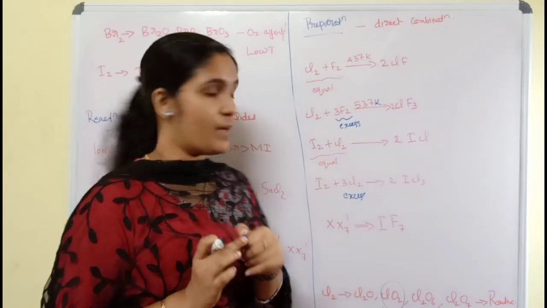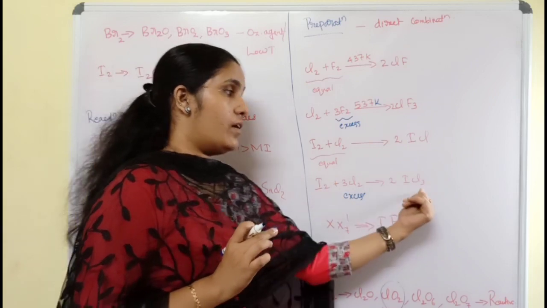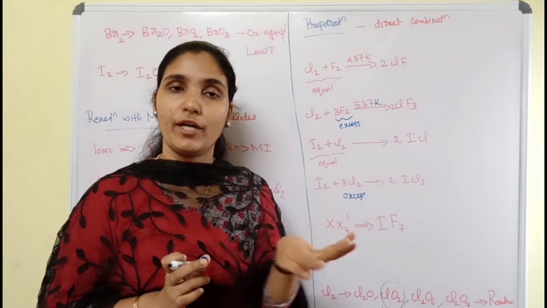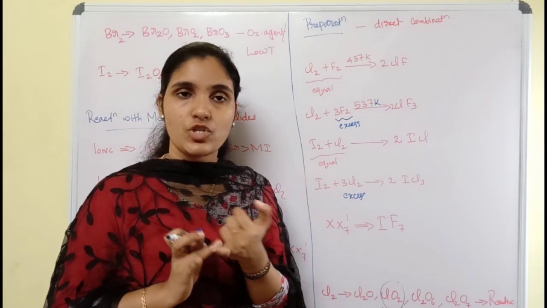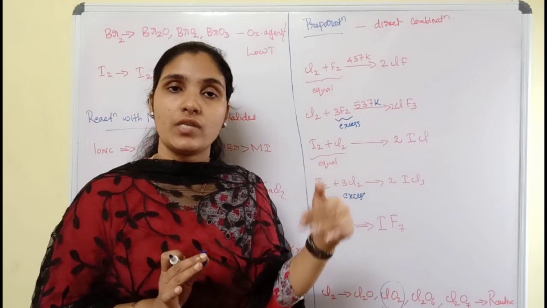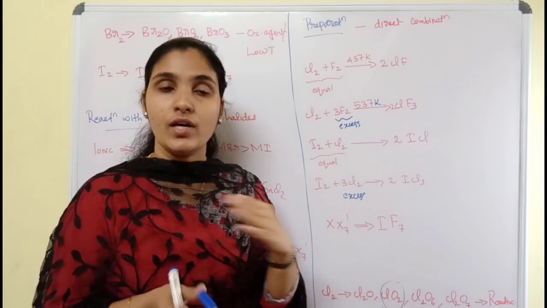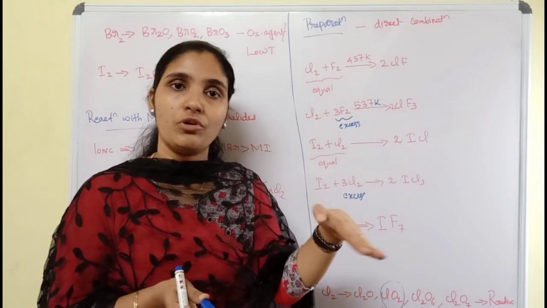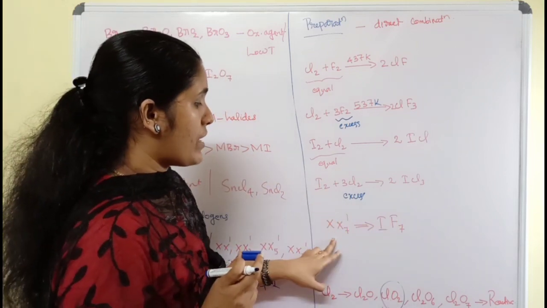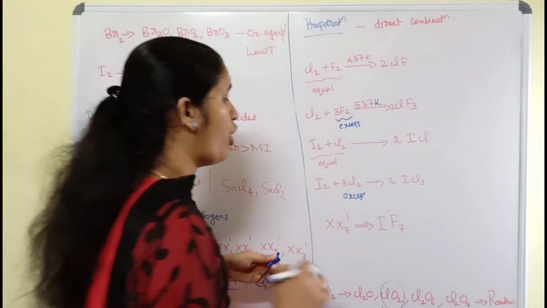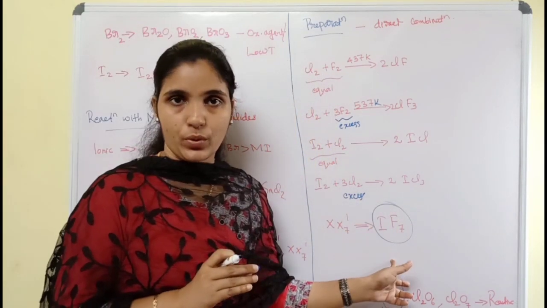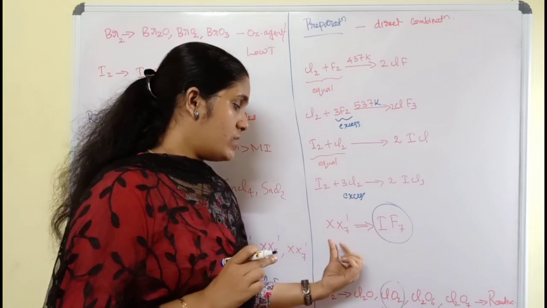And normally a question comes, why not I3Cl? I3Cl is not formed because interhalogen compounds are mainly of four types: XX', XX3', XX5', and XX7'. So the compound formation takes place only in that defined composition. And in the case of XX7', the well-known compound is IF7.